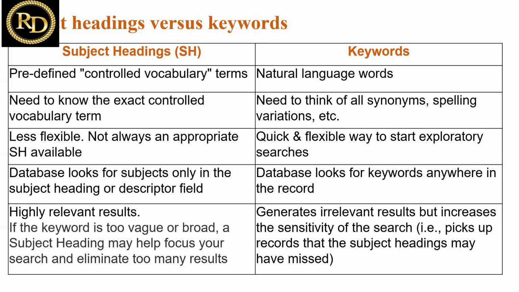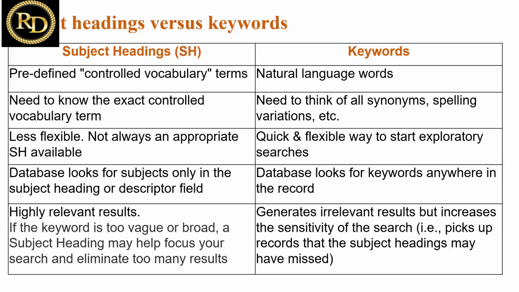In subject headings, you need exact controlled vocabulary terms. So if you are using MeSH, or medical subject headings, then that particular MeSH or controlled vocabulary term should be in that particular database. If it is not indexed, then you can use keywords or synonyms. For keywords, we need to think of all synonyms, spelling variations, etc.